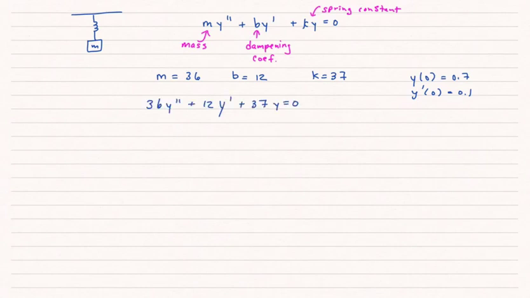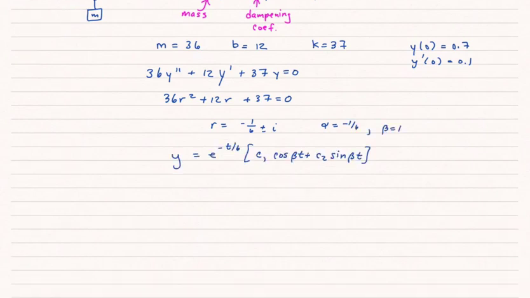There's my differential equation. Now I'm going to come up with the auxiliary equation. Next, I'm going to assume that you can in fact do the quadratic formula, and if you do the quadratic formula, you will get this for an r, which means that alpha is equal to -1/6, and beta is equal to 1. Here's my general formula for y, and then we can go ahead and find C1 and C2 using my initial conditions.